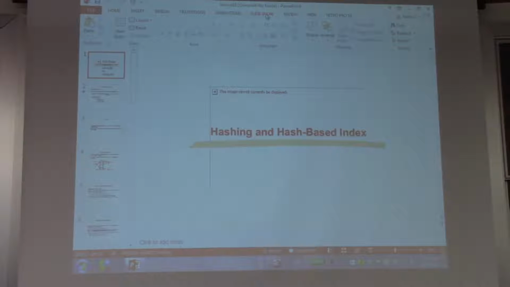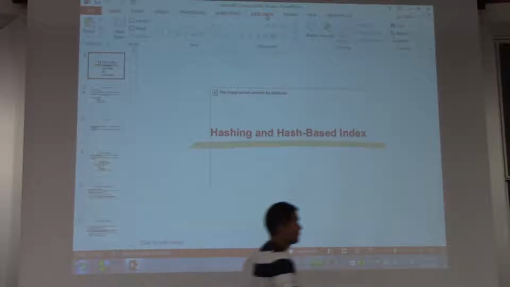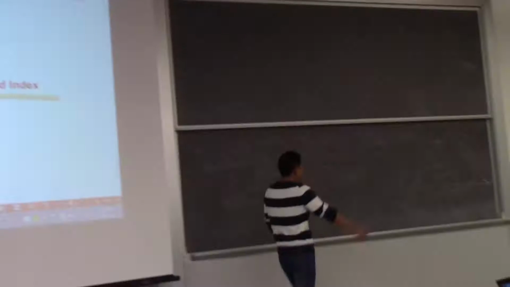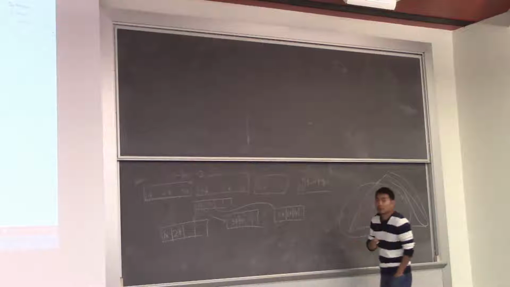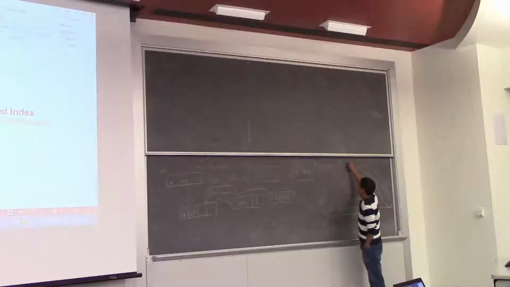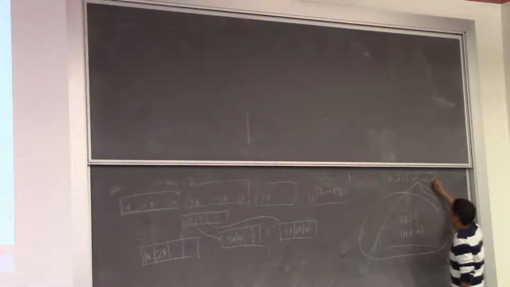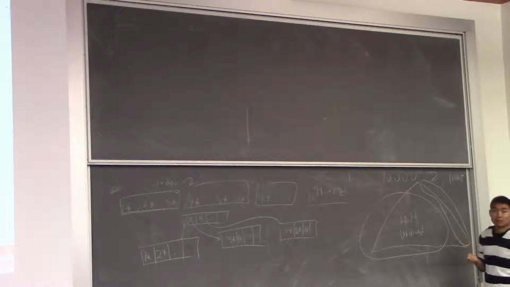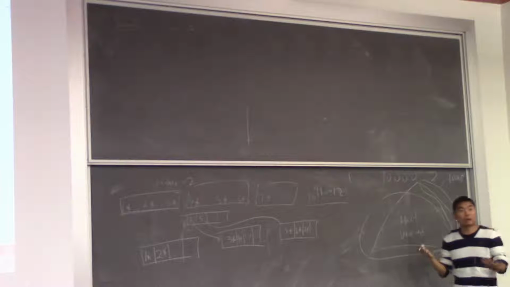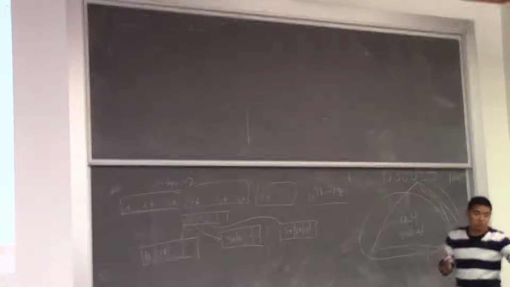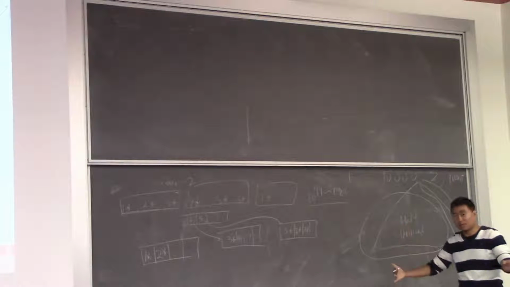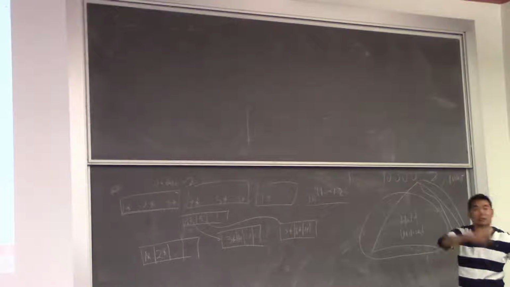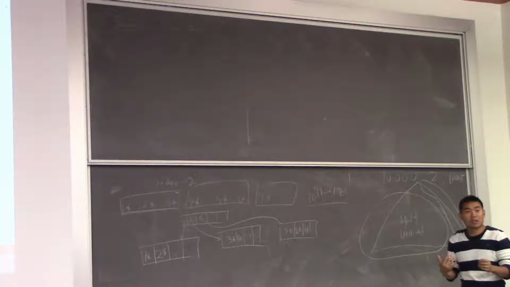So suppose I do insertion like this. I do insertion of 1, then I do insertion of 10,000, then I do insertion of 2, I do insertion of 10,005. If you do this one by one, what do you end up doing? Retrieve this part of the tree, update, retrieve this part of the tree, update, come back, retrieve this part of the tree, and so on and so forth.